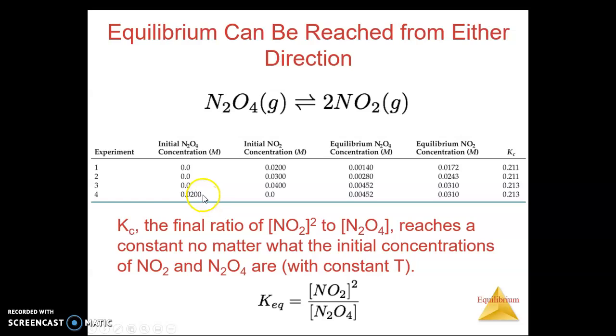And if you start off with all N2O4, you'll still come out with the square of the NO2 divided by the N2O4 being 0.213. The final ratio of NO2 squared to N2O4 is going to be a constant as long as you don't change the temperature, no matter what the initial concentrations are. So if you had some of this and some of this, you'd still end up with 0.211. And you'll see something like that when you do our quantitative experiment.